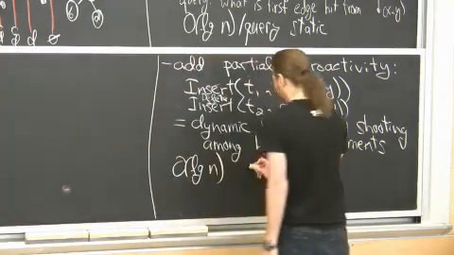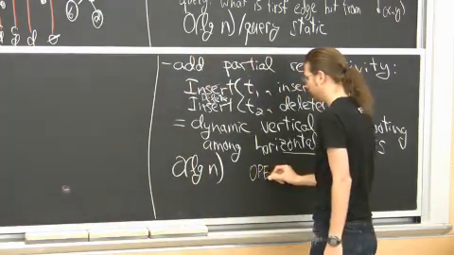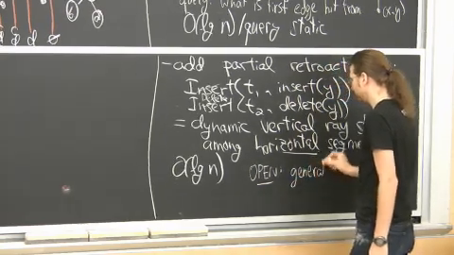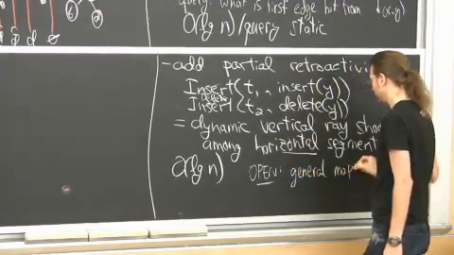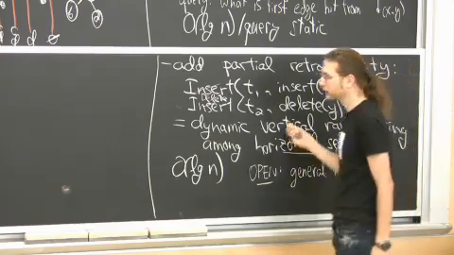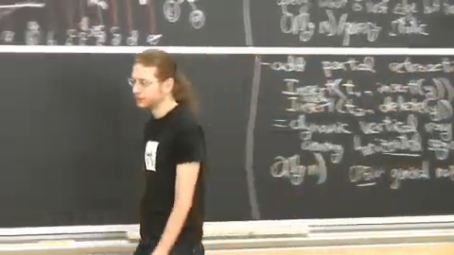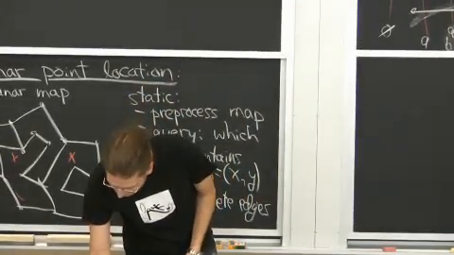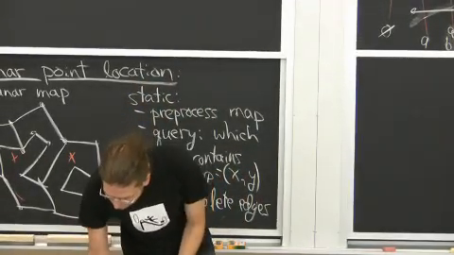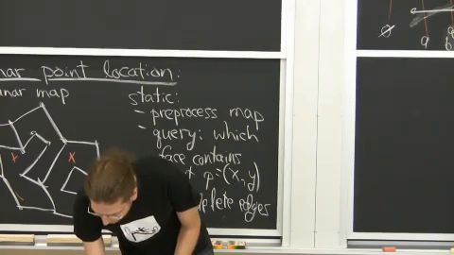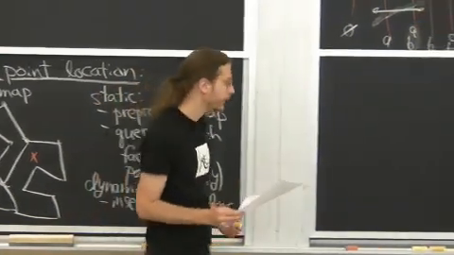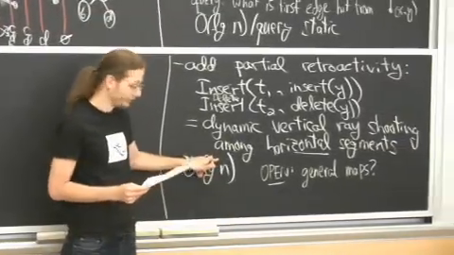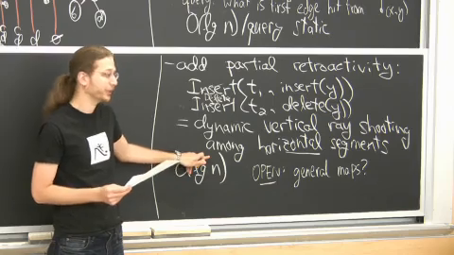There are a bunch of open problems. What about general maps? For dynamic vertical ray shooting in general maps, if you want log n query, the best results are log to the 1 plus epsilon insert, log to the 2 plus epsilon delete.